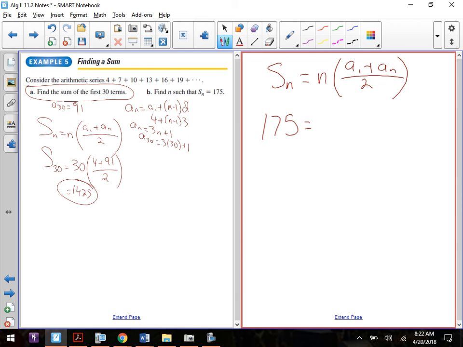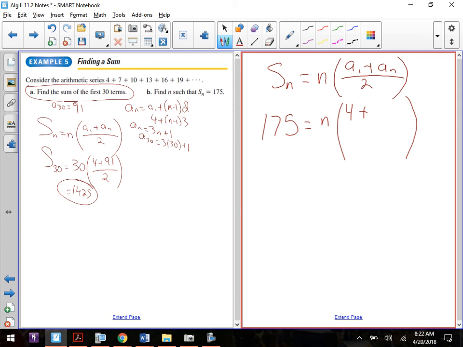Do I know how many add up to equal 175? Nope. Do I know what the first term is? Yeah. It was 4. I don't know what that nth term is, but do I know what the equation for the nth term is?